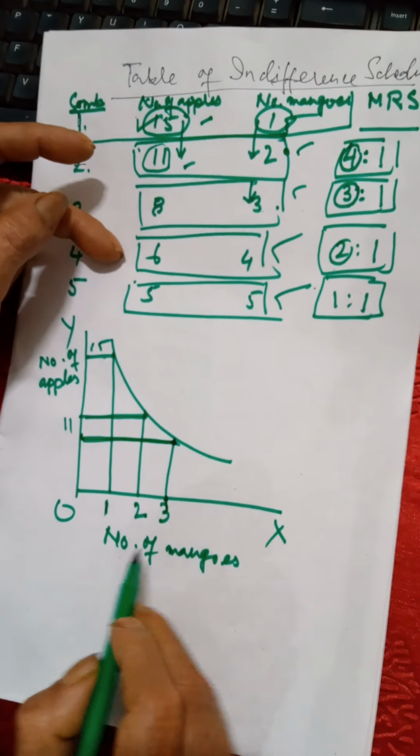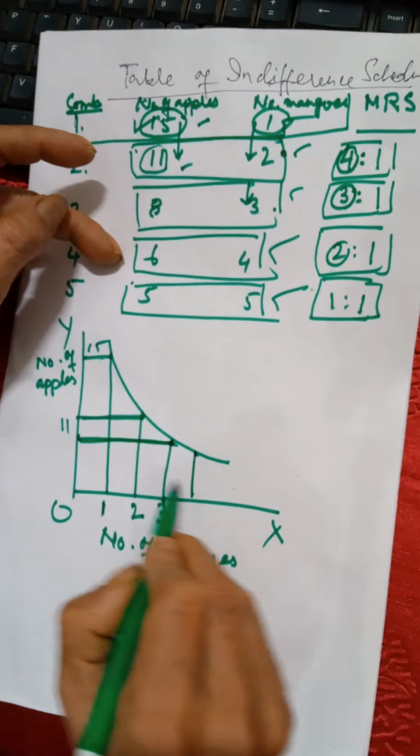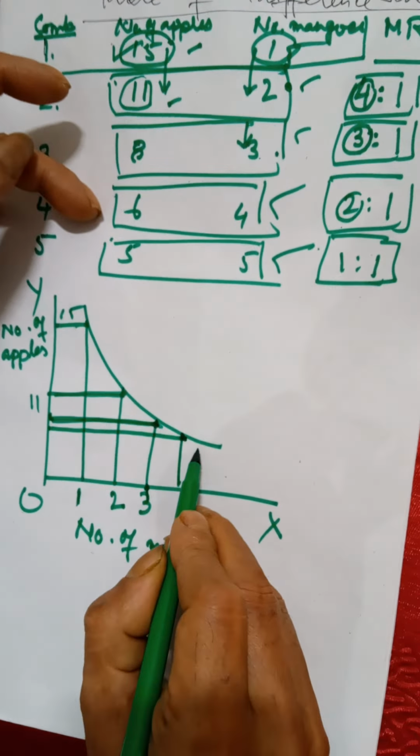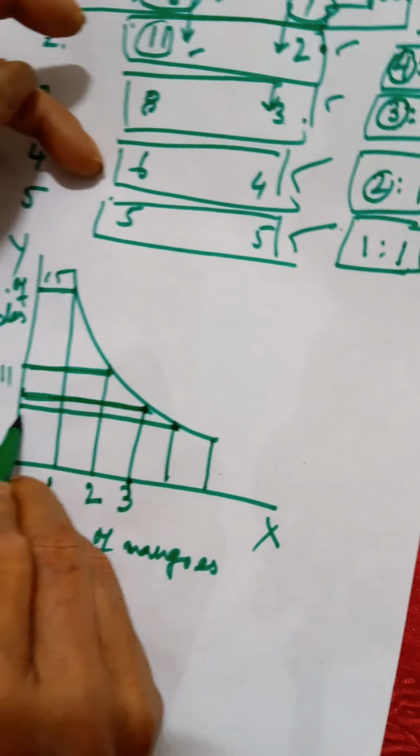Okay, and this is 4 and this is 6. This is 5 and this is 5.